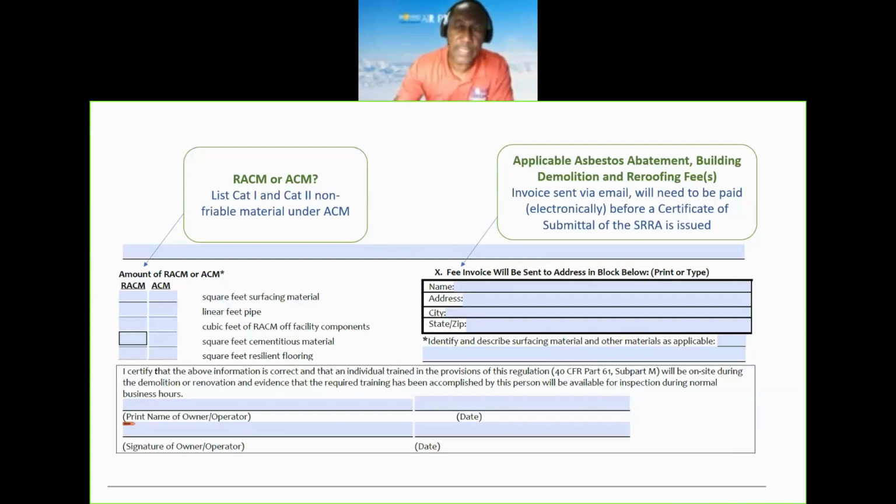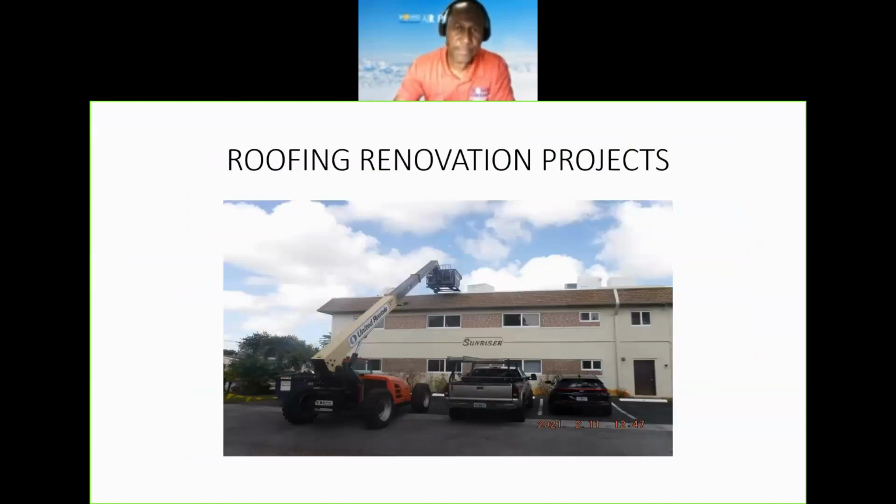This is where we calculate the cost, and make sure that you fill in all the information, along with printing your name, signing it, and dating it. A lot of people forget to sign the name. It's important that you sign your name and you date the form as well, so we have a timeline. Next.